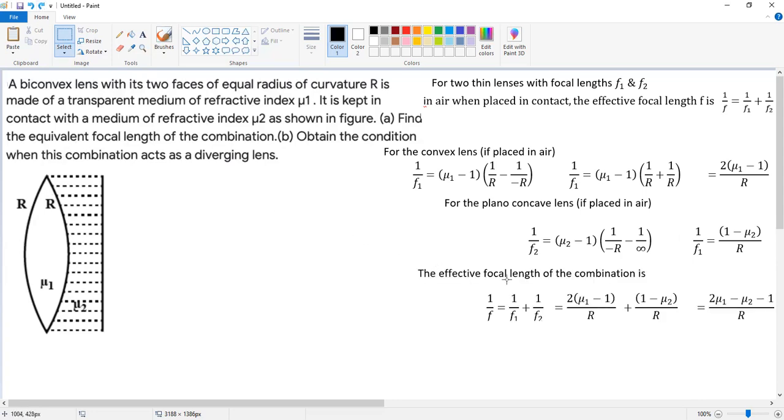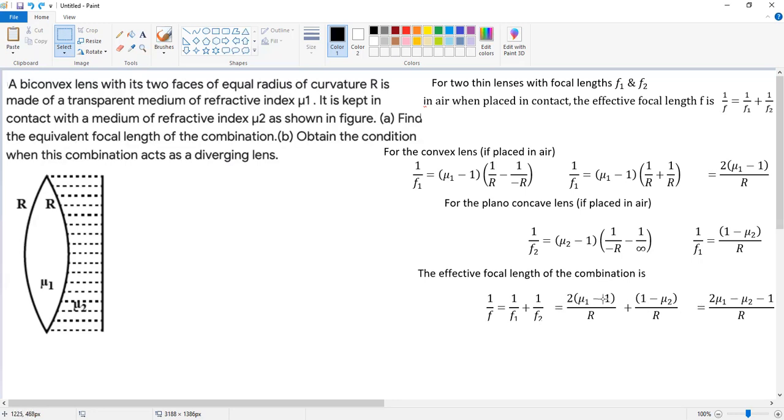Now finding the effective focal length of the combination. 1 by f equals 1 by f1 plus 1 by f2. Substitute for 1 by f1, 2 times mu1 minus 1 by R, and for 1 by f2, 1 minus mu2 by R. When you open the bracket, with a common denominator, 2 mu1 minus 2, but this is plus 1 here.